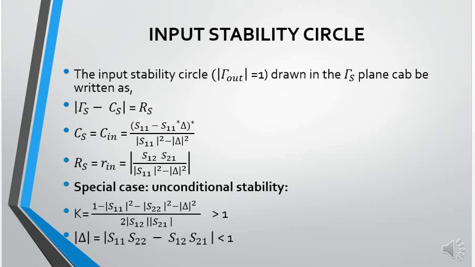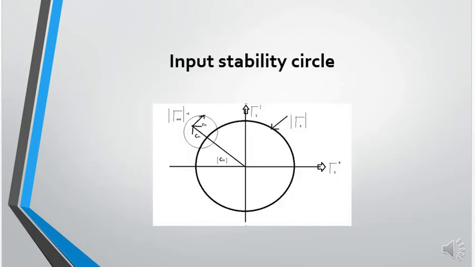The special case for unconditional stability is K equal to 1 minus S11 square minus S22 square plus del square by 2 into S12 into S21 whose value is greater than 1. Here del is equal to S11 S22 minus S12 into S21. Its magnitude is always less than 1. So this figure represents the input stability circle that is drawn in the input reflection coefficient plane or the source reflection coefficient plane.